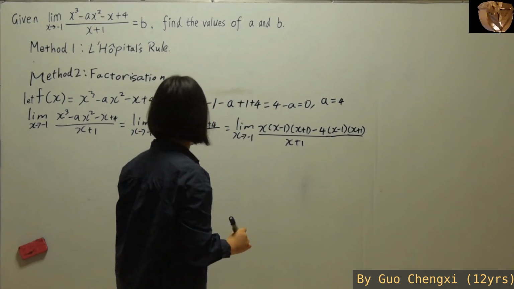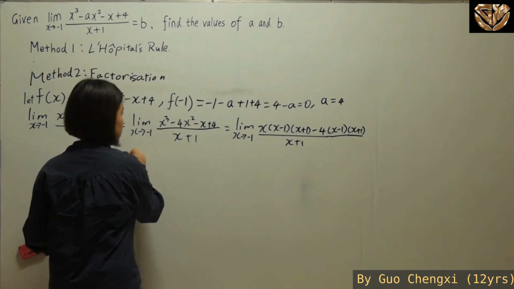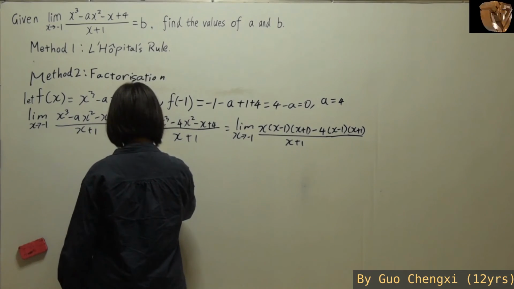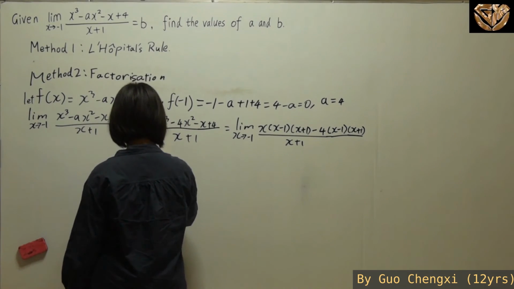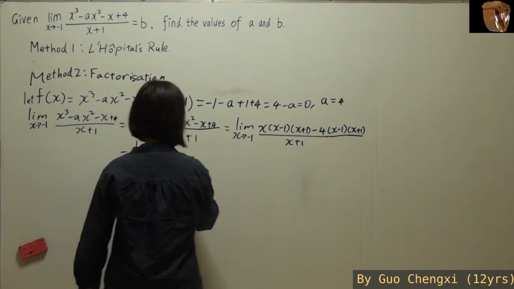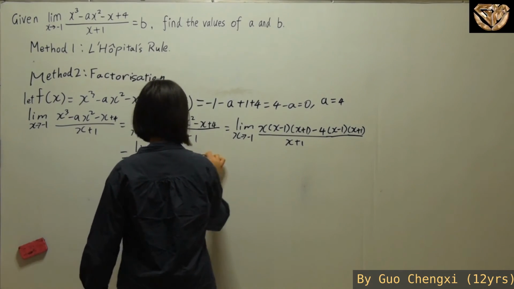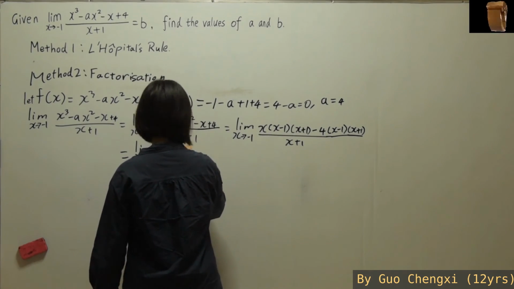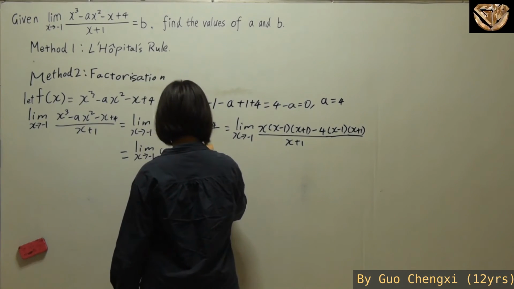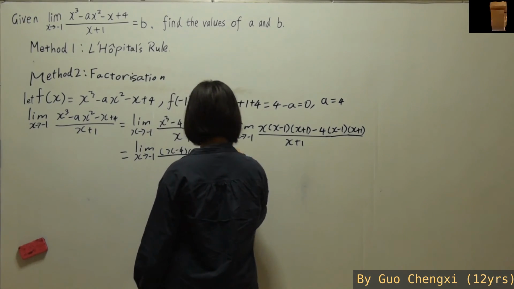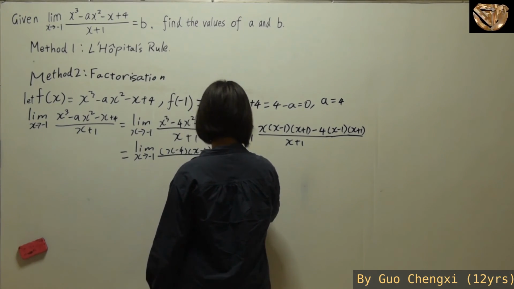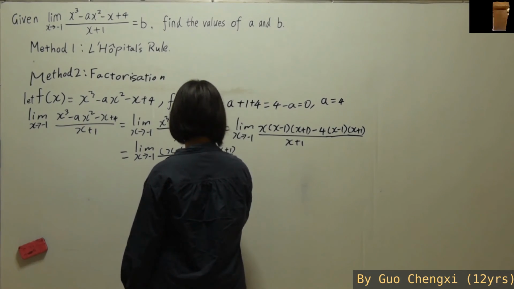So this is what you're going to get: x minus 4 times x minus 1 times x plus 1, and then x plus 1.